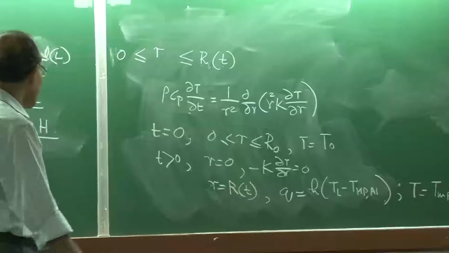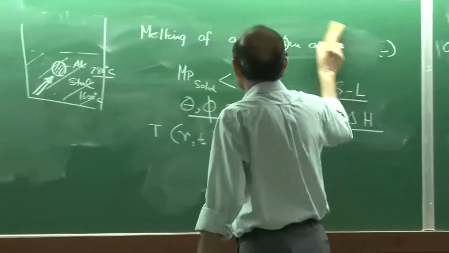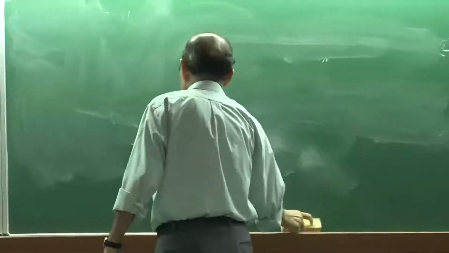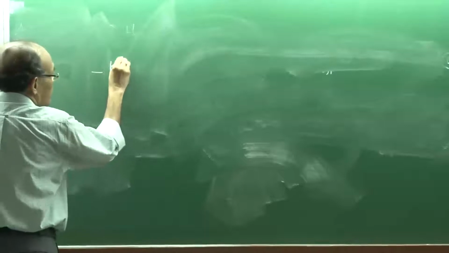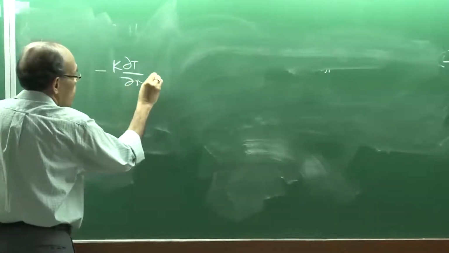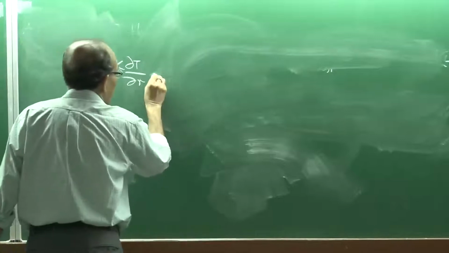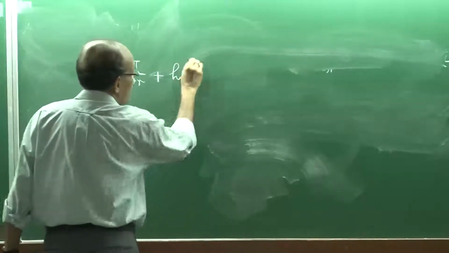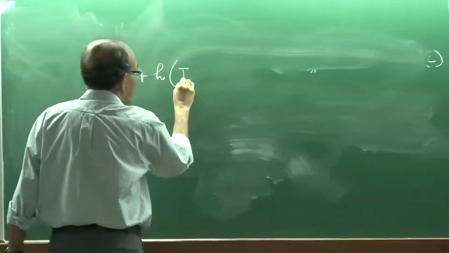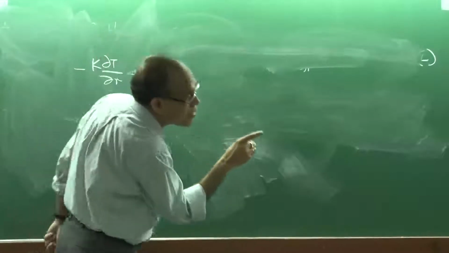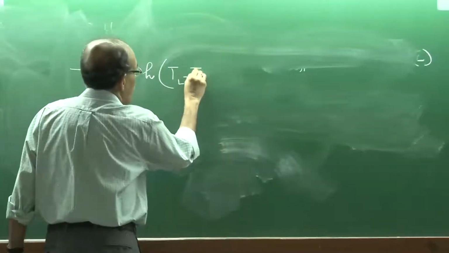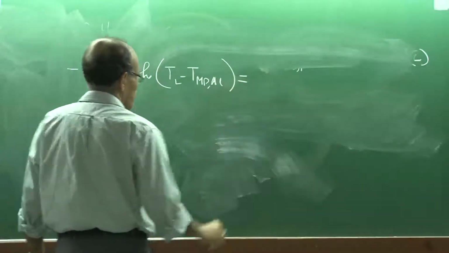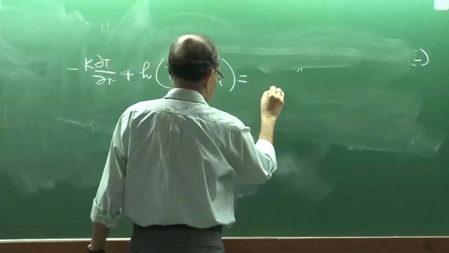The information on R comes out from a surface heat balance, which is like k dT/dr, plus the heat transfer coefficient times (TL minus Ts), and that is equal to the latent heat term.